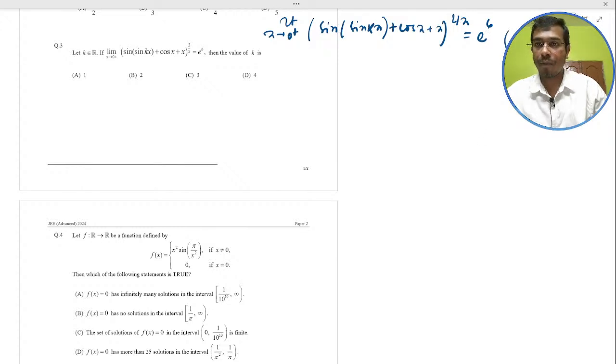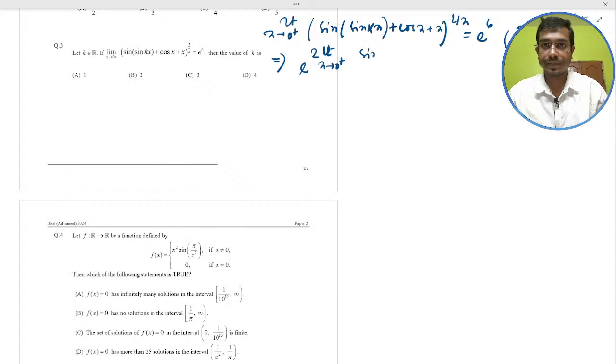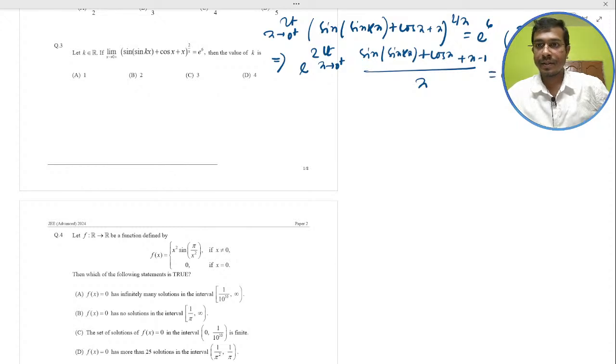It is in the form of 1 to the power infinity, that is equal to e to the power 2 limit x tends to 0 plus sine of sine kx plus cos x plus x minus 1 divided by x. This is e to the power 6.